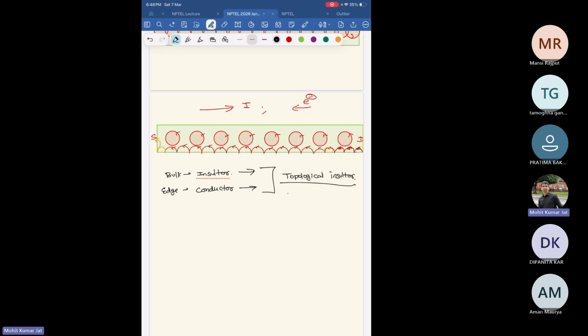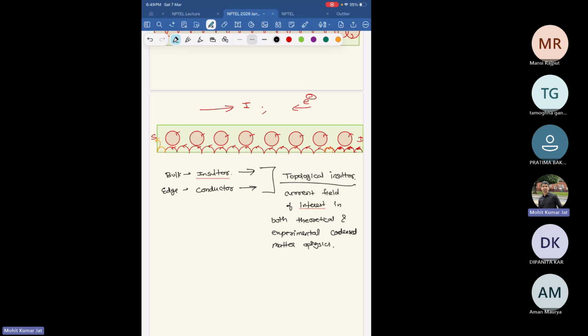This is the current emerging field of interest in both theoretical and experimental condensed matter physics.